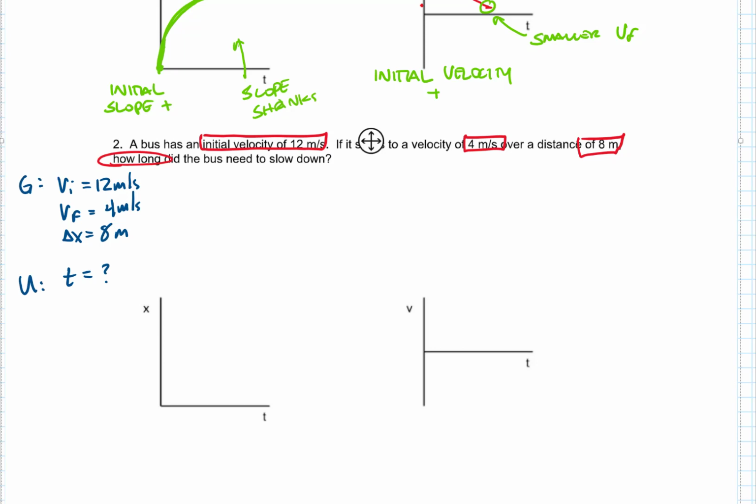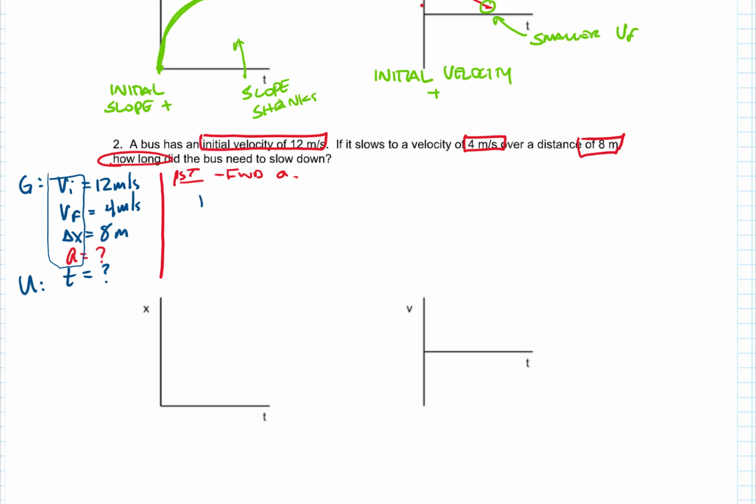But if you'll notice in this whole thing, we also don't know the acceleration. So this just turned into two problems. The first one is find the acceleration. So to find the acceleration, I want an equation that has all this stuff in it: v initial, v final, delta x, and acceleration.